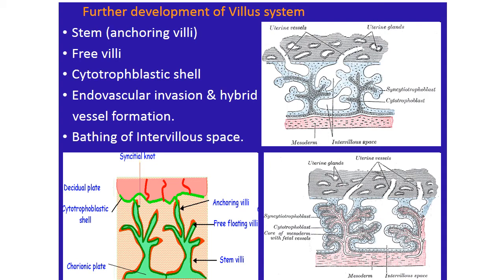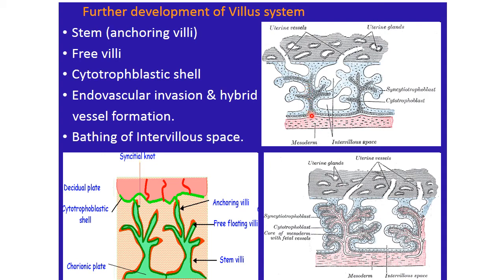The initially forming chorionic villi don't show the side branches, rather they go on developing straight outwards towards the decidua, and that adjacent part of the decidua is called the decidual plate.